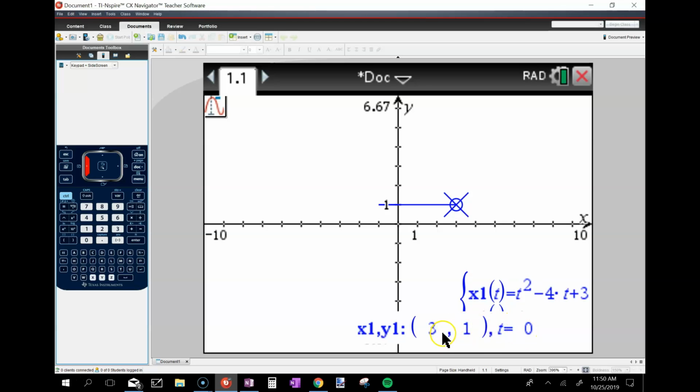So at time equals 0, I started at 3. And what happened? Well, time started. And so the particle moved left. And it moved left, we said, for 2 seconds, right? Notice how it's slowing down. Why is it slowing down? Because it's preparing to stop.